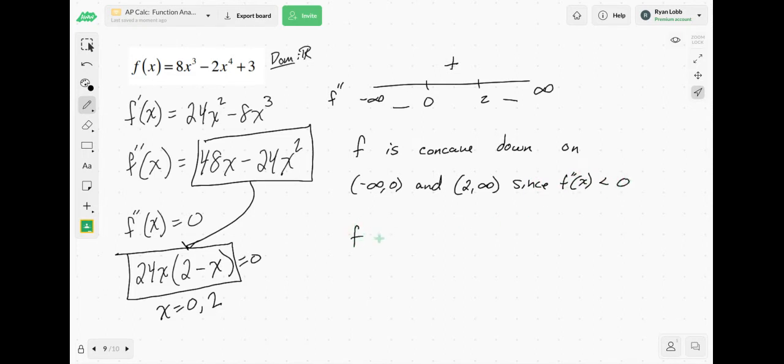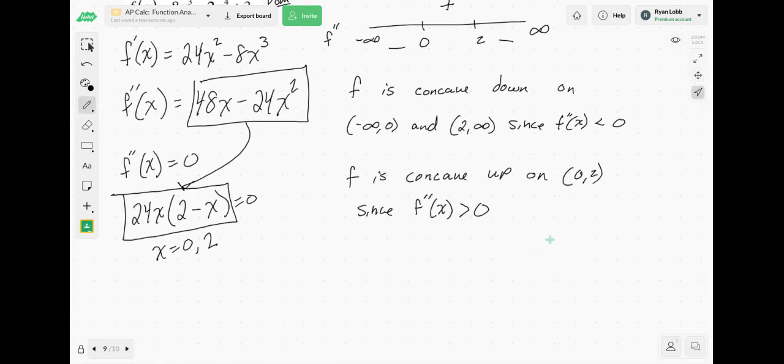And then we write f is concave up on 0 to 2, since f double prime of x is greater than 0. So there's formalizing our concavity with justification. That's all you need to write.